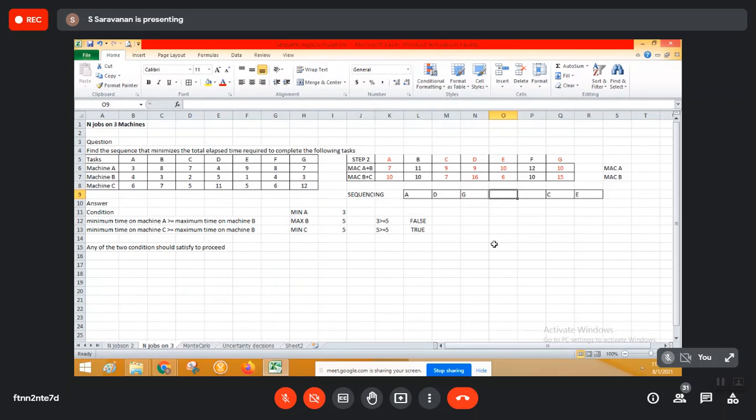This is called the arbitrary approach, which is applicable universally. When there is a tie and you want to make a decision, we always give priority to the first. So it is B and F. I'm going to give priority to B here and then to F.